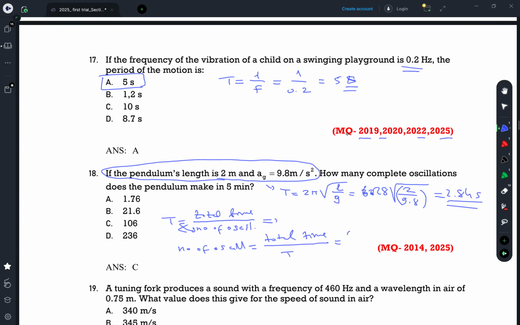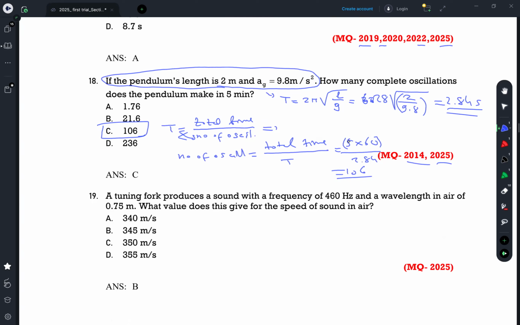Total time 5 minutes, 5 times 60 seconds, divided by period 2.84 seconds. Now 5 times 60 divided by the answer, it is 106. It's going to be 106 oscillations. So C is the correct answer and also a repeat question.